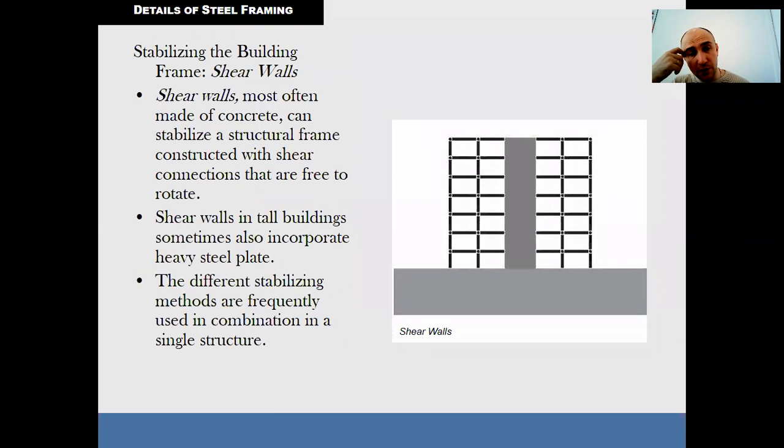Shear wall stabilization can be divided into stabilization by use of shear walls and stabilization by use of shafts and staircases.